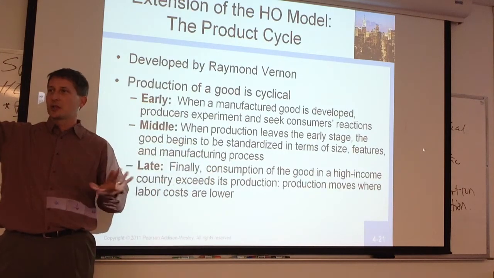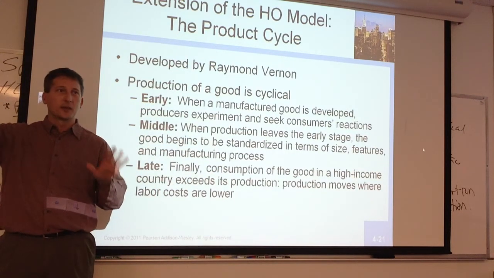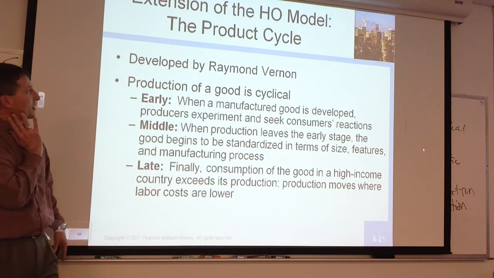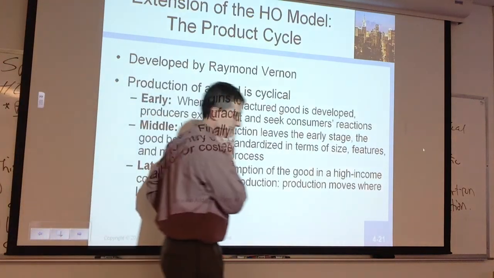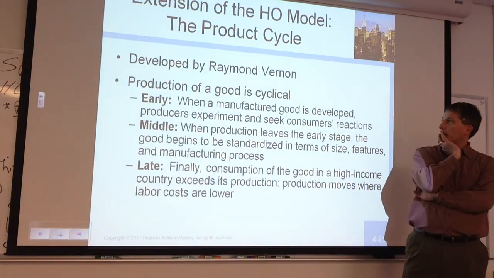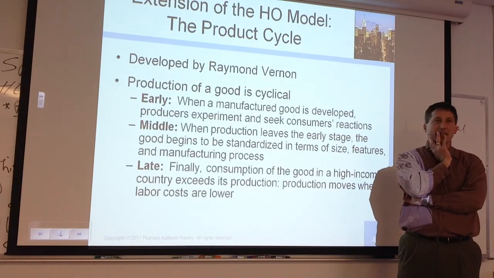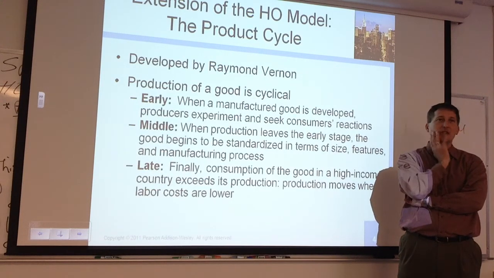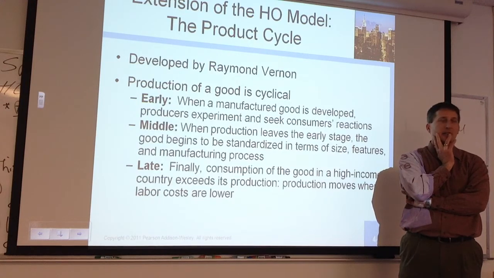Poor country, rich country, on average. US, Mexico. How do things get started in terms of the product cycle? So where do we have things getting developed? In the United States or in like the early stages of figuring out an innovation? Does that happen in the United States or in Mexico?